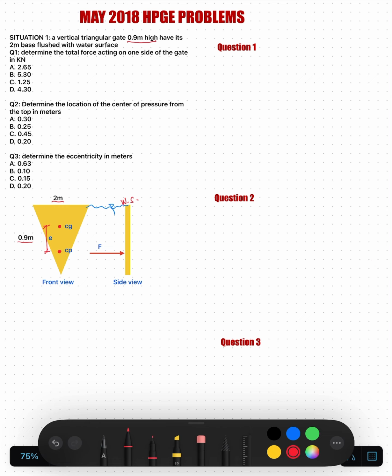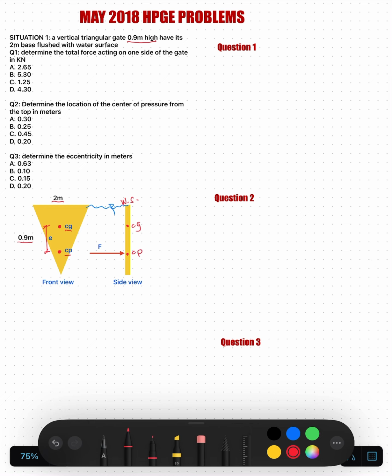For ease of our solution, we also need to put the properties of the gate. First is the center of gravity. Next is the center of pressure where our hydrostatic force acts. So if we can reflect that here, this is the center of gravity and this is the center of pressure.